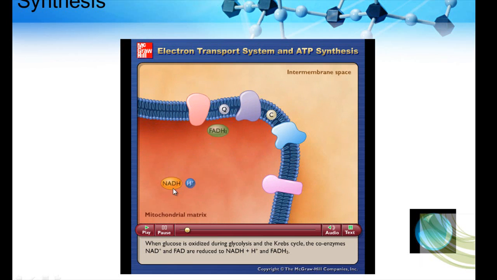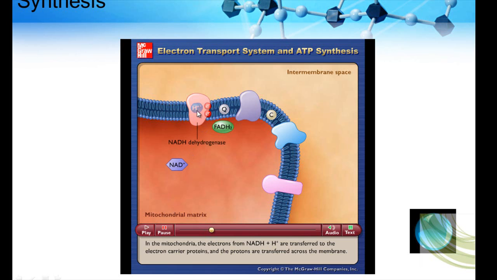And so we're going to take a little picture right there. Now here comes an NADH and an FADH2, and they're going to basically detach the hydrogens. Now, when they go through these, the hydrogens split.